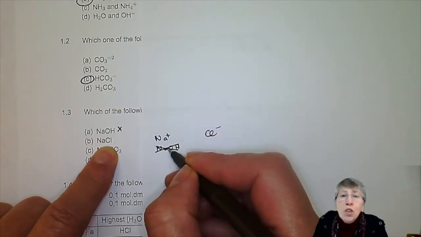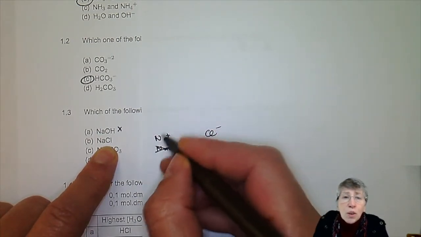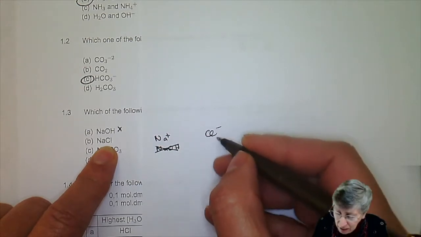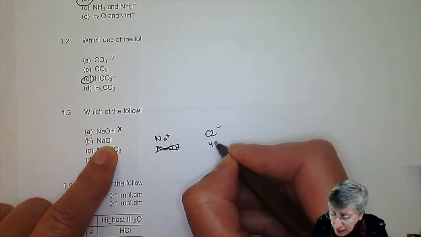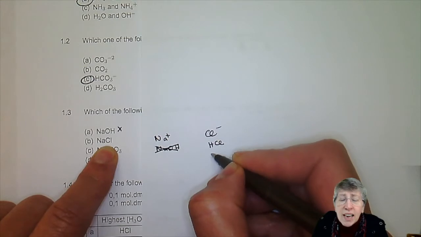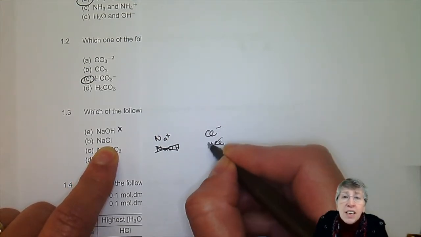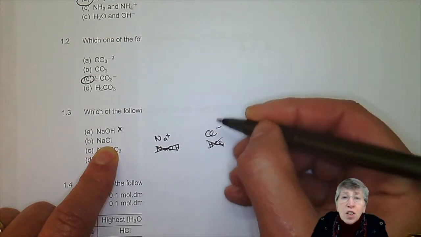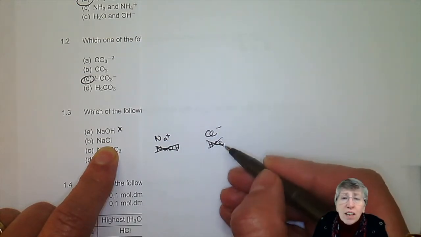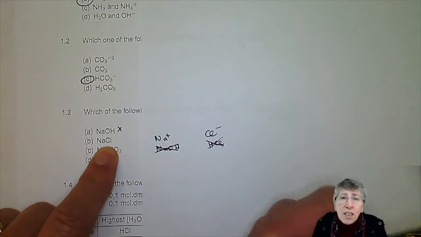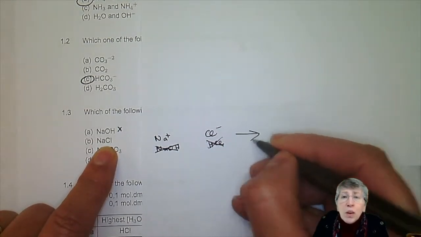So this one will not hydrolyze, so it will not react with water. How about the Cl minus? That comes from HCl, which is a strong acid. It wants to ionize, it wants to be Cl minus. It is not going to go back. So the conjugate base of that strong acid is a weak base. It won't react.